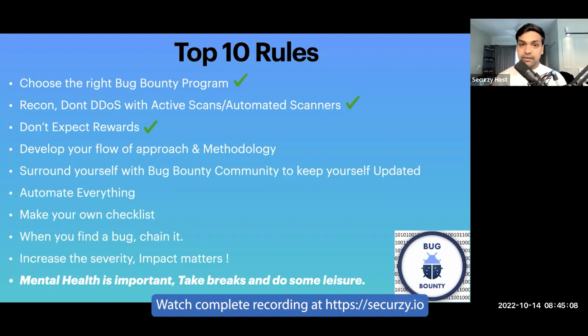And if unfortunately the program says the bug report is a duplicate and you will not be paid, there could be a lot of emotional and behavioral changes in yourself, which might cloud your vision towards bug bounties. You might feel burned out or demotivated, or you might not do bug bounties for a certain period of time. So always make sure you don't expect a reward.